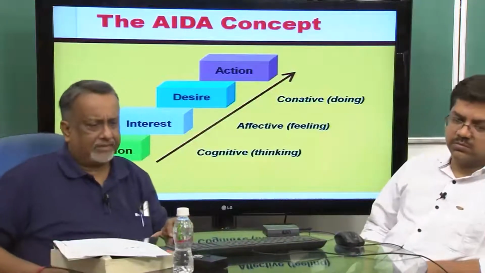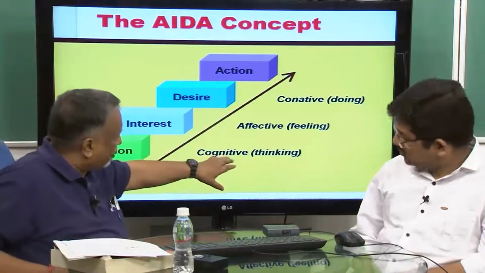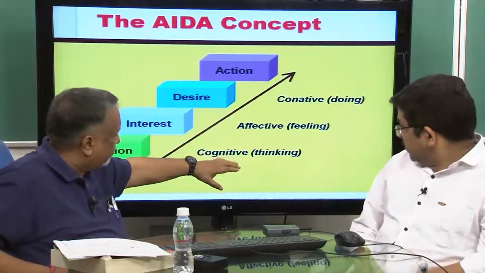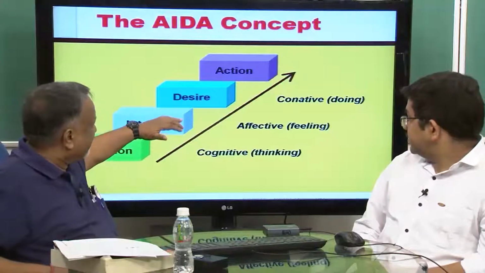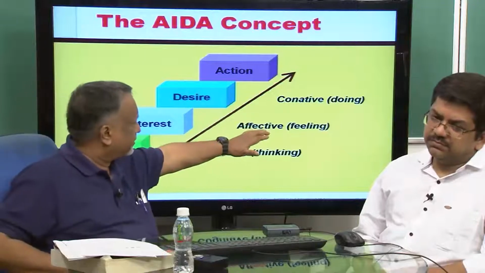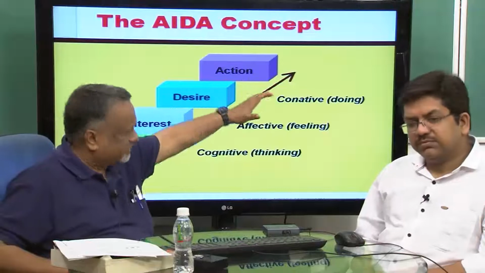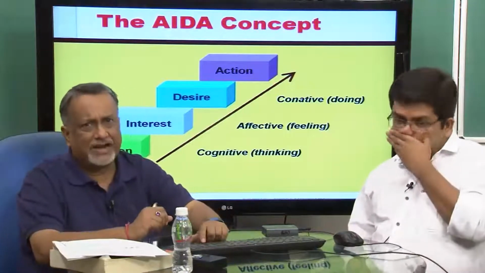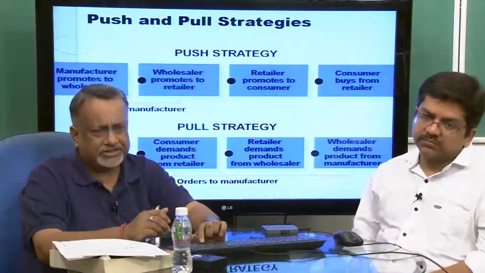We discussed that at the attention stage the focus of your marketing communication will have to be on cognitive, the thinking and logic issues, whereas at the interest and desire stage your marketing communication has to focus on affective or feeling issues, and finally at the action stage the focus has to be on conative, which is the academic term for doing the purchase.